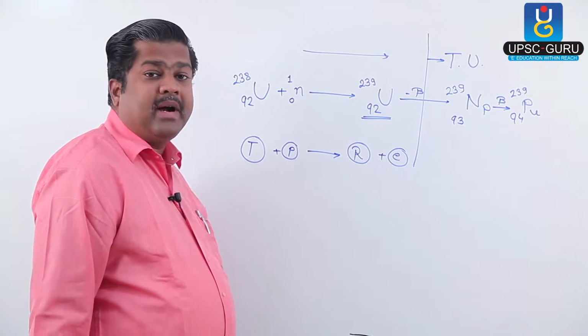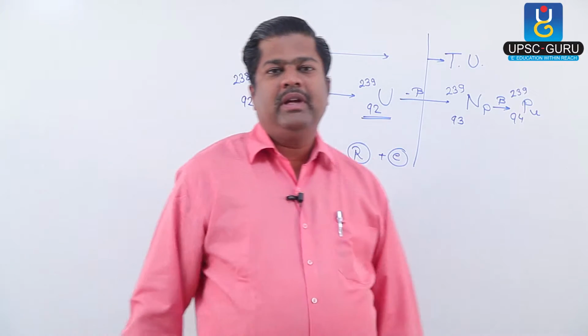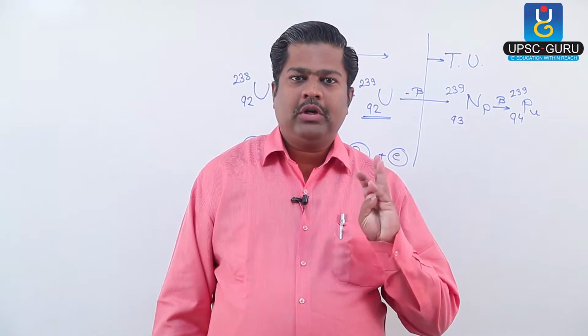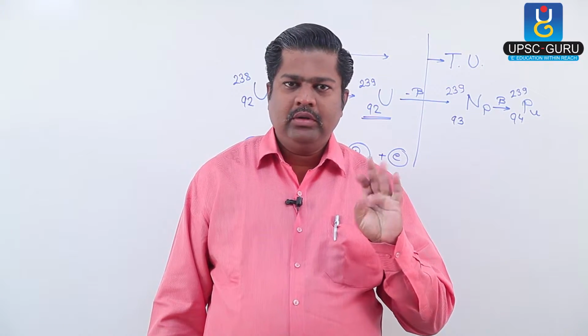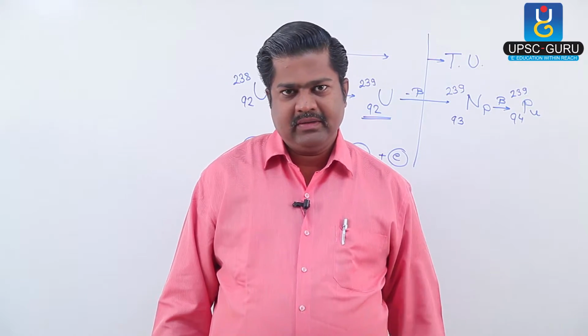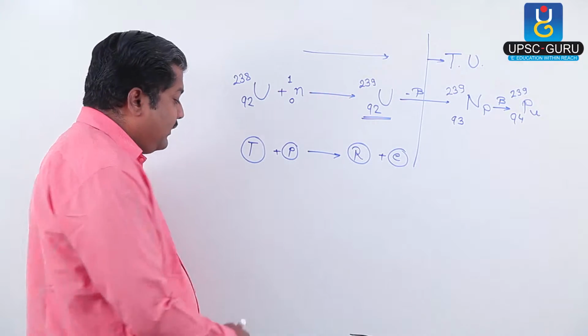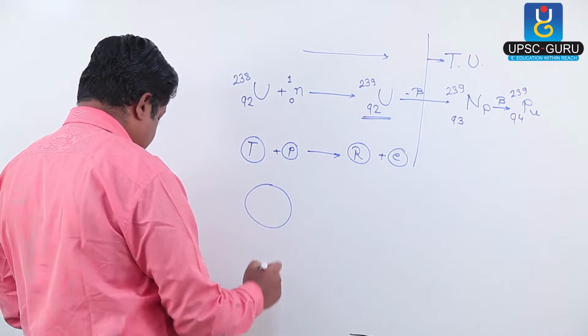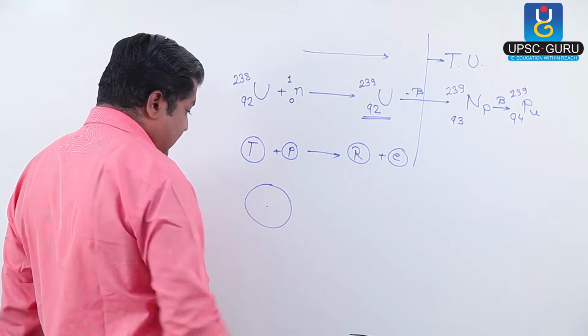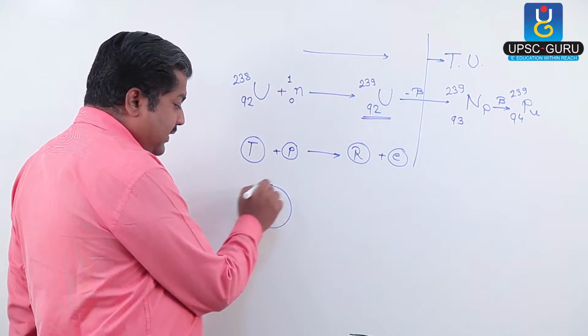Suppose I have to bombard a projectile; the projectiles are proton, deuteron, alpha particles. All possess positive charge, whereas the nucleus of an atom, say this is the atom and this is the nucleus, also has positive charge.